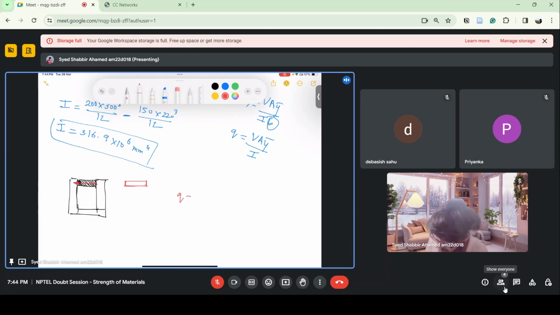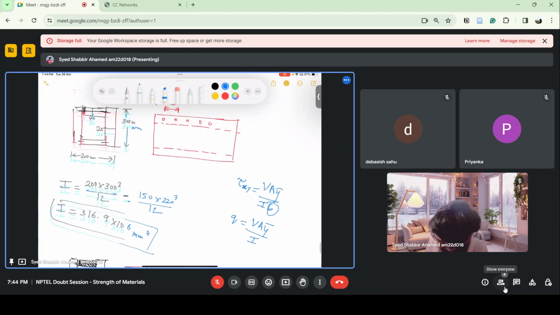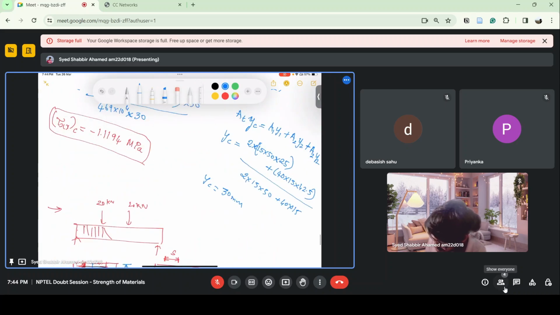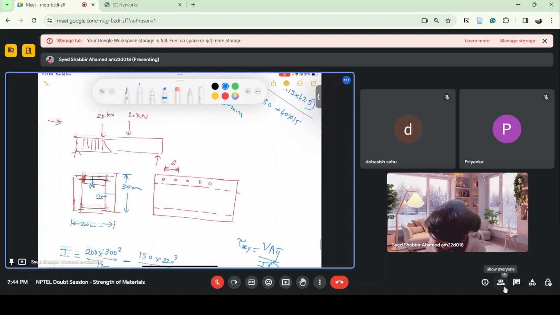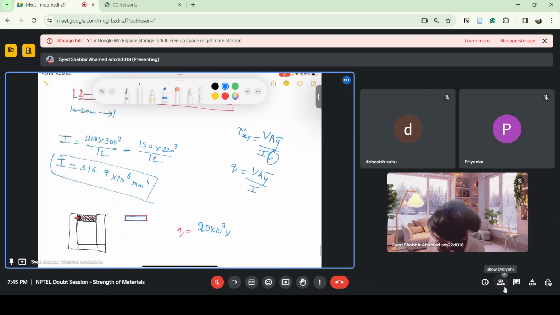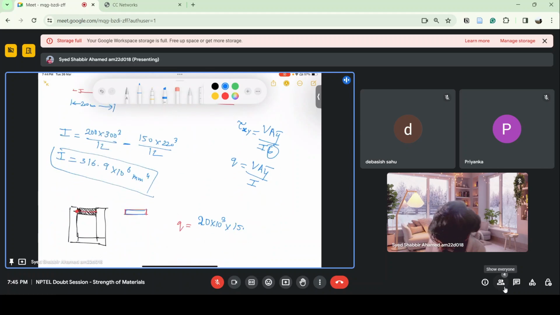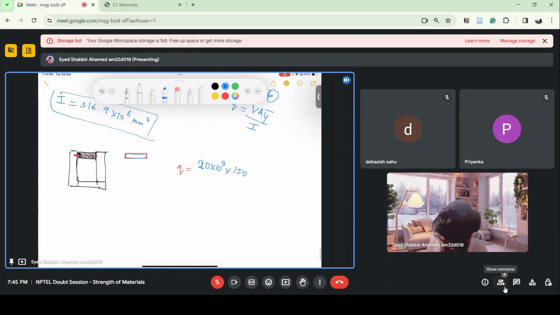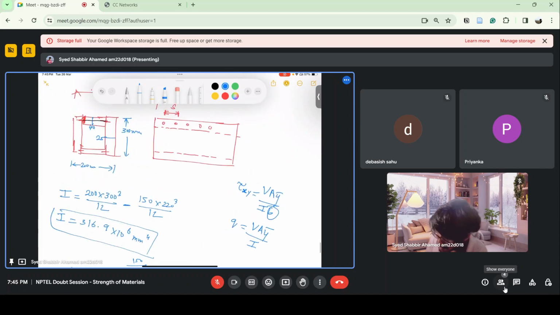So I have Q equals, V is 20 kilonewton, so I will take it in newtons. The area is 200 minus 50, 150, into the depth, which is 150 and this is 20.